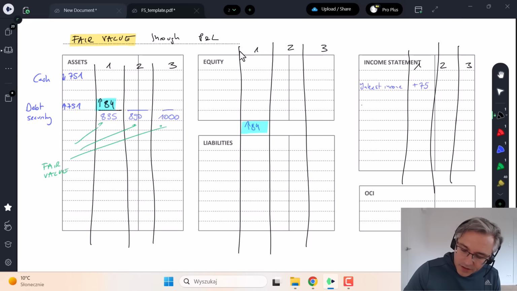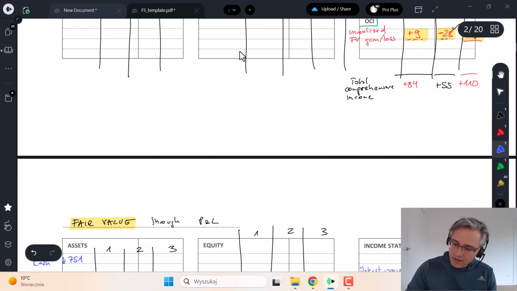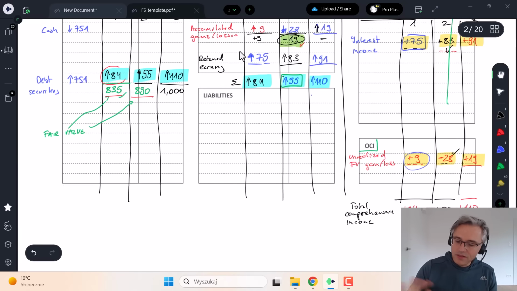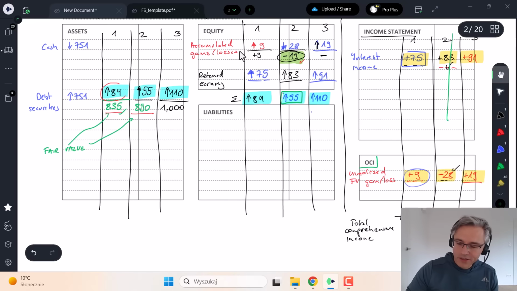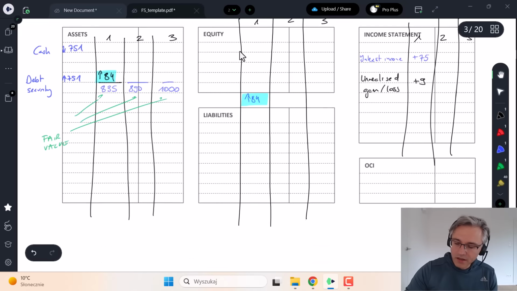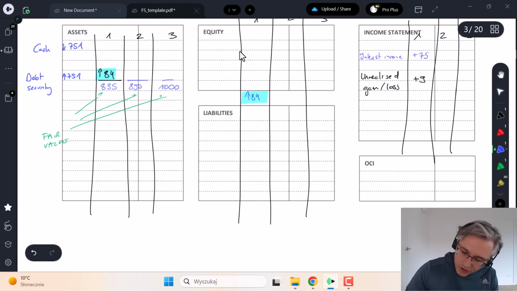And it's just that this time the unrealized gain or loss component, that +9, which previously would have been taken to a segment called OCI so as to not distort the income statement and the profit of the company as reported in P&L, this time it also goes over here.